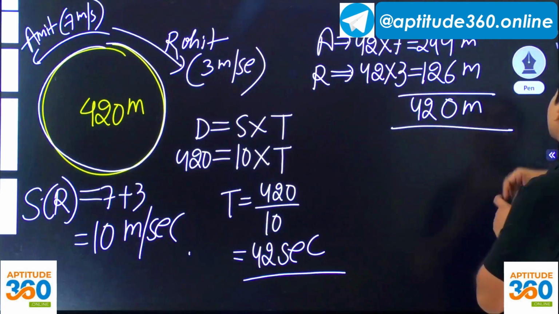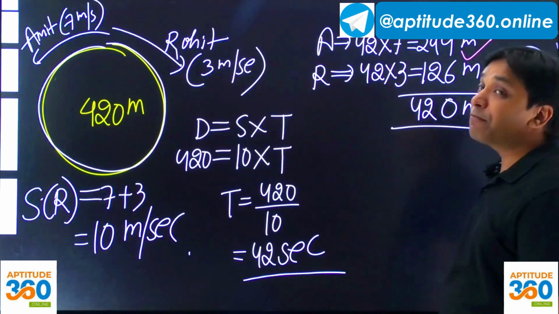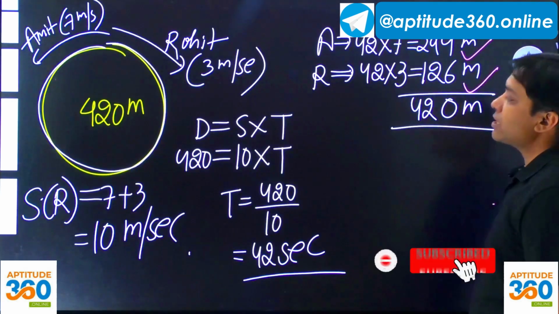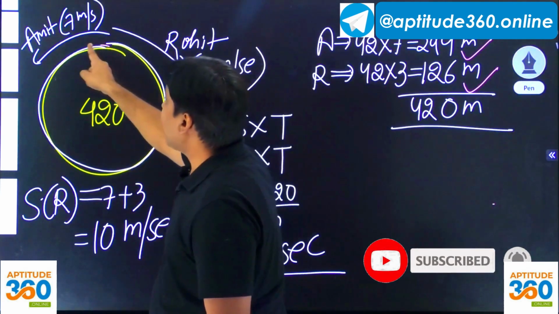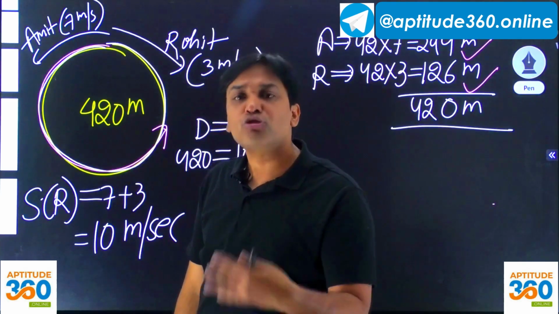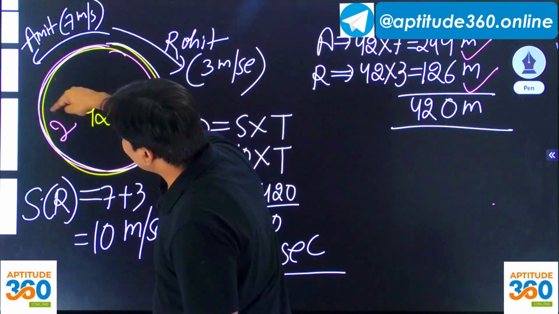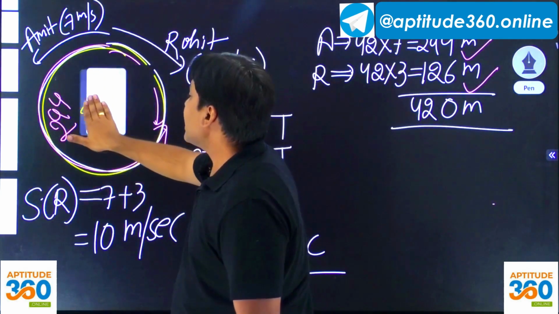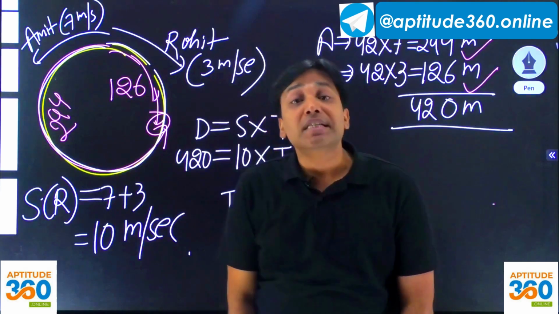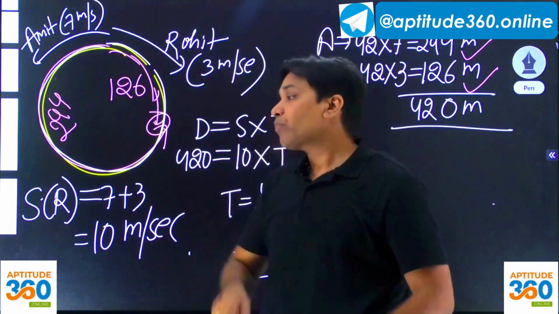So what does that mean? By the time they meet each other, Amit will have traveled 294 meters, whereas Rohit will have traveled 126 meters. Amit will come 294, somewhere here, more than half. Obviously Amit's speed is more, so he will travel more. And Rohit will come here. So Amit will travel 294 meters, whereas Rohit will travel 126 meters, and they will be meeting each other for the very first time anywhere on the track.